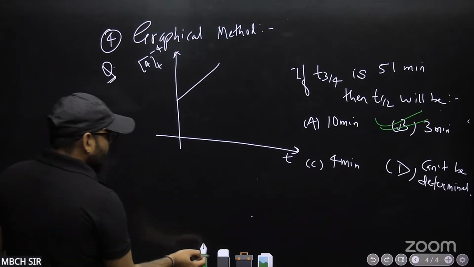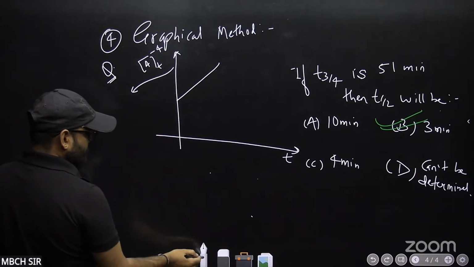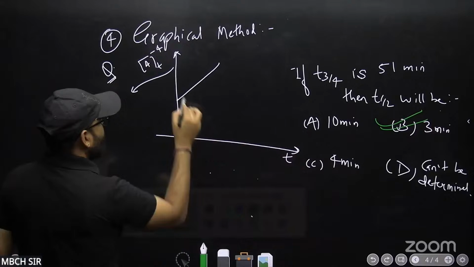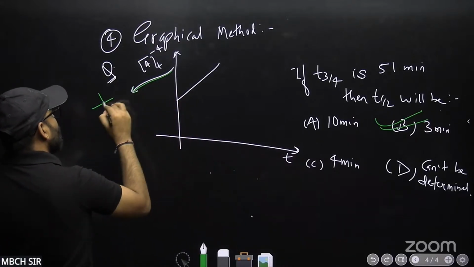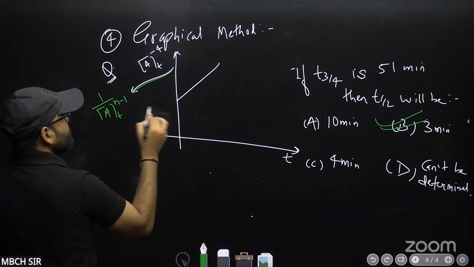See, in the nth order reaction graph, the y-axis represents 1 upon a_t raised to power n minus 1.